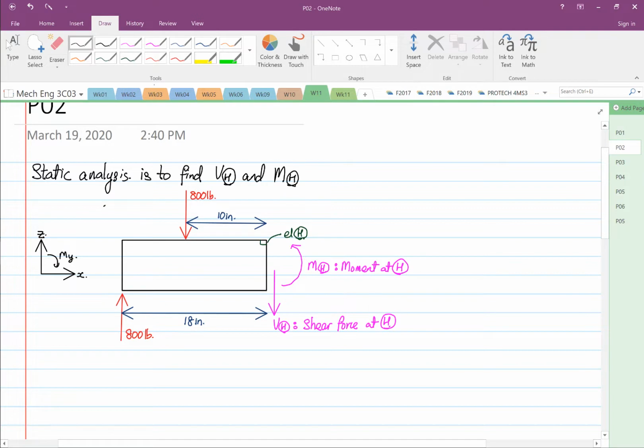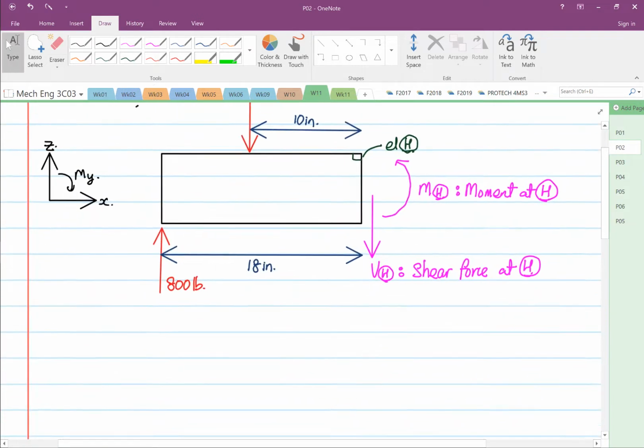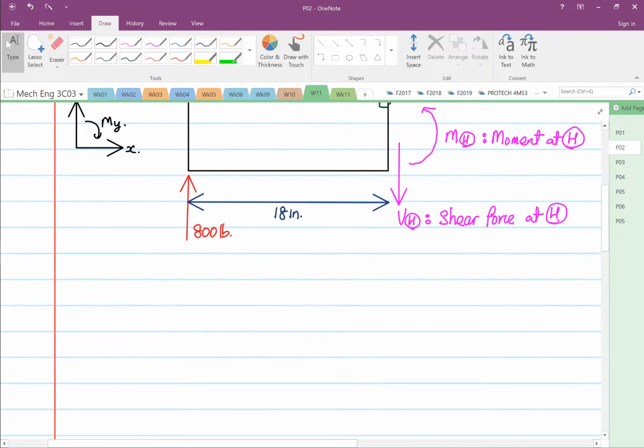So what do we mean by static analysis? Just quickly recap. We have summation of forces in the z direction equal to 0, and summation of forces in the x direction equal to 0.